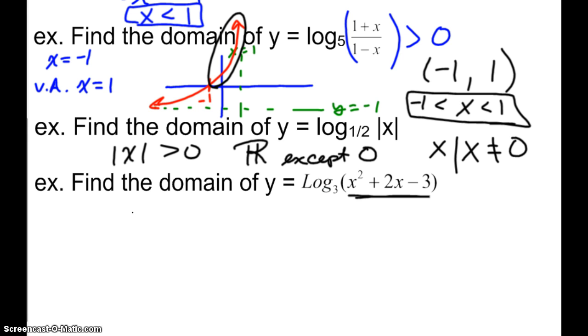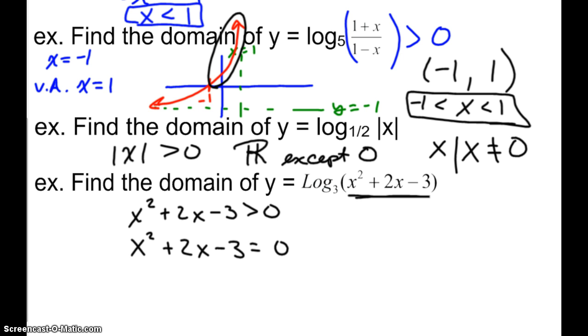If we set that greater than 0, again, if you remember our steps for solving quadratic inequalities, we need to determine what the critical numbers are, and we could do that by finding the intersection points on the x-axis by setting it equal to 0. If we set it equal to 0 and factor, we'll find that x is equal to -3 and +1 for my two x-intercepts.